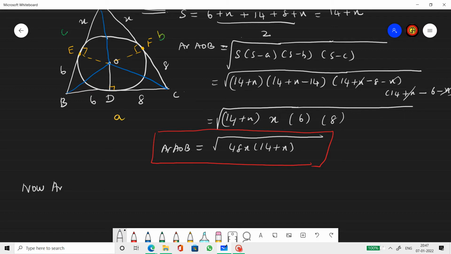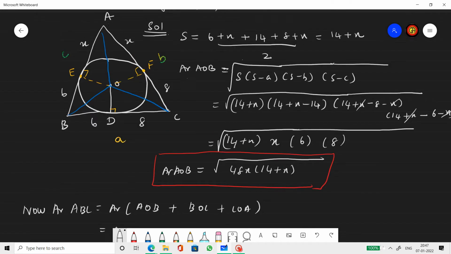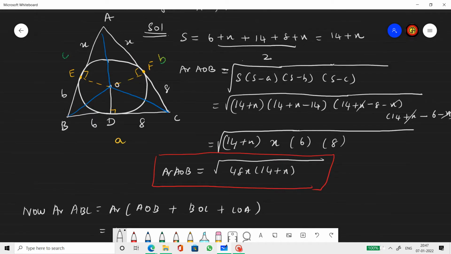Now, area of ABC equals area of AOB plus BOC plus COA. Area of AOB, as you can see in the diagram, AOB is here. Base is 6 plus X and height is R.